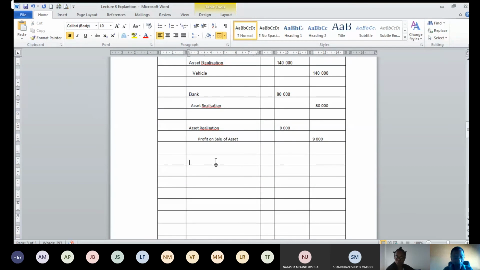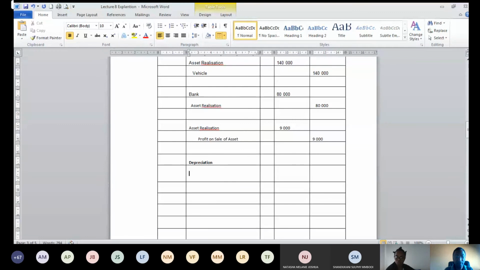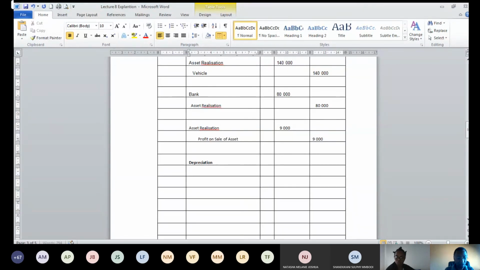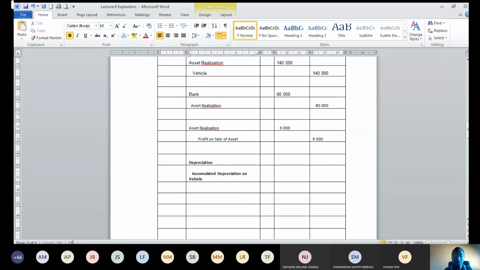When you record it now, you debit your account depreciation and you credit your account accumulated depreciation vehicles. This is on the 31st of December, and you debit your depreciation account.